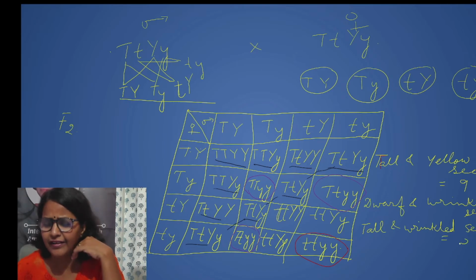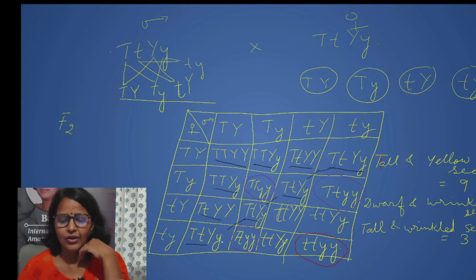How many are there? 3. Tall with wrinkled seeds, 1, 2 and 3.